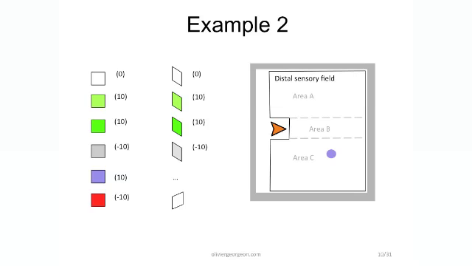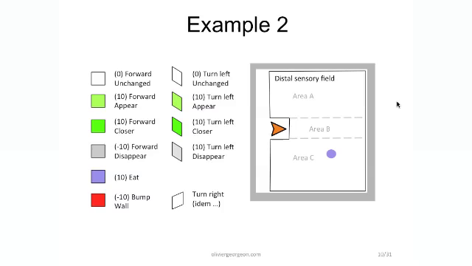So the objects are immobile, but when the agent moves, the relative distance of objects changes, and the agent can sense this displacement. So it can, for example, have an experiment consisting in moving one step forward, and if it moves closer to an object, then the result would indicate the fact that the object becomes closer to the agent. It is also sensible to the area to the left or in front or to the right in which the object is. So it's written here, area A, area B, and area C.